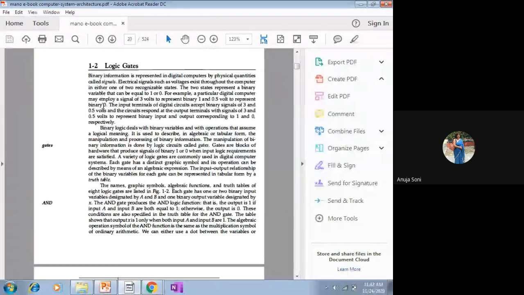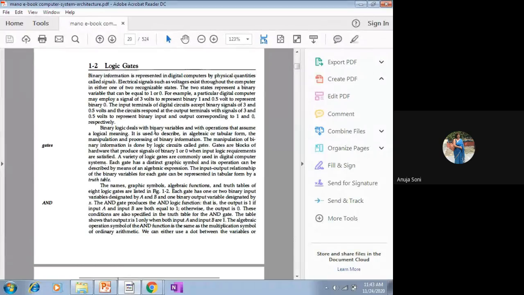If 0.5 volt is supplied, then the binary value 0 is generated. Whereas if an electrical signal of 3 volts is produced, it corresponds to binary value 1.